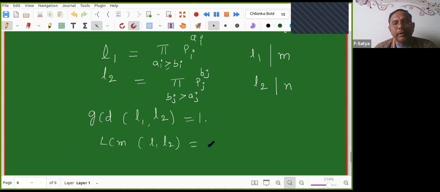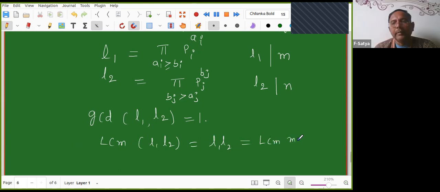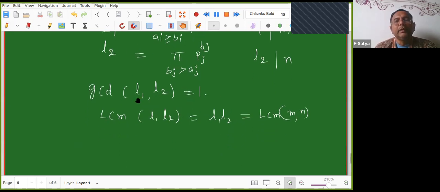Is it equal to LCM of M, N? Yes, it is LCM of M, N, right? So now if I am able to produce an element of order L1 and L2, then I am done with the previous result.